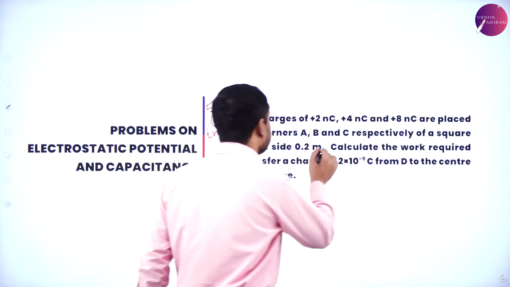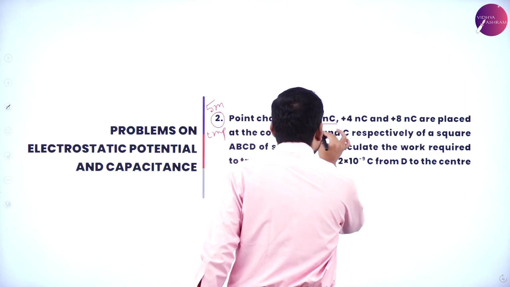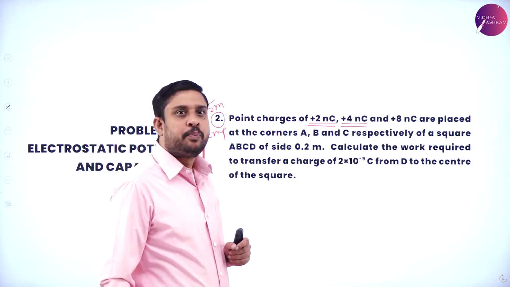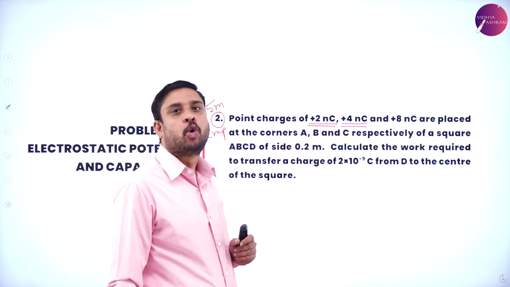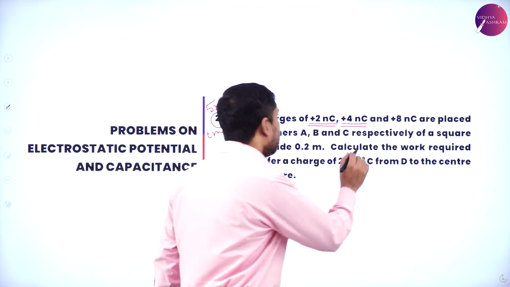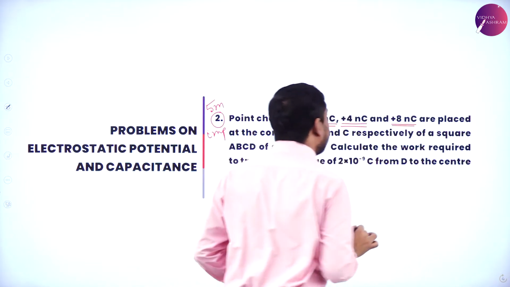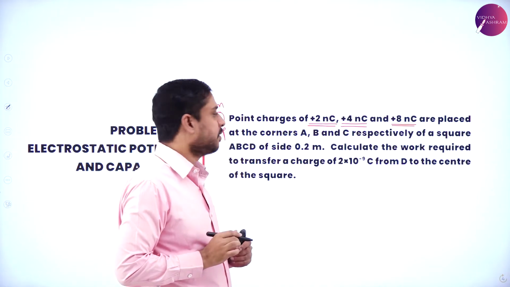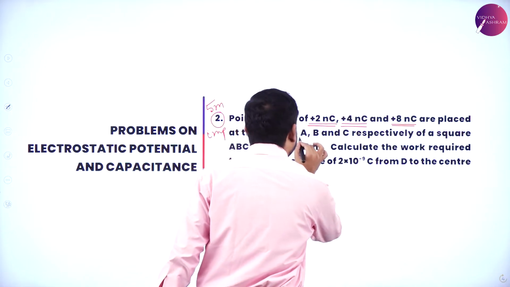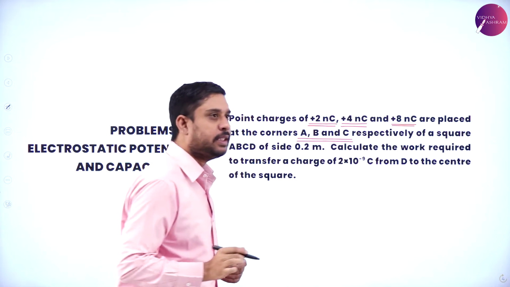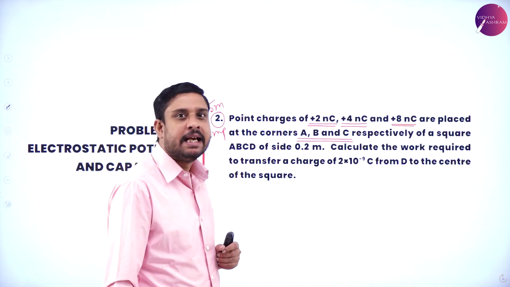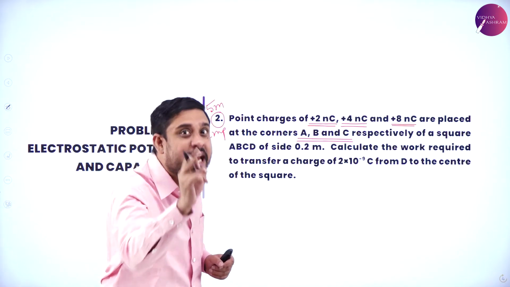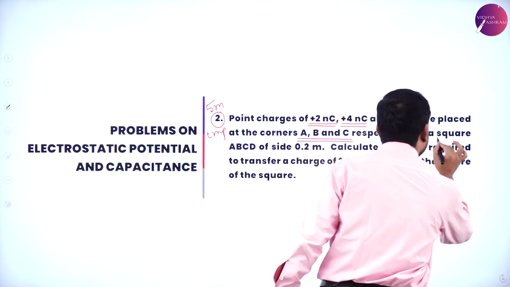Point charges plus 2 nanocoulomb, plus 4 nanocoulomb and plus 8 nanocoulomb are placed at the corners A, B and C respectively of a square. Very important.